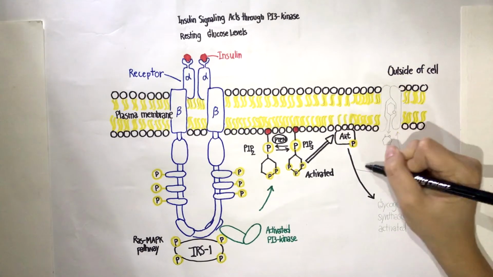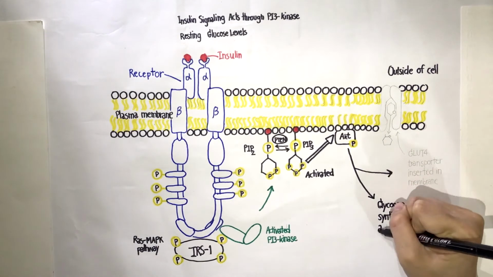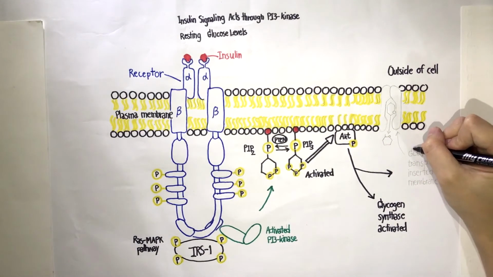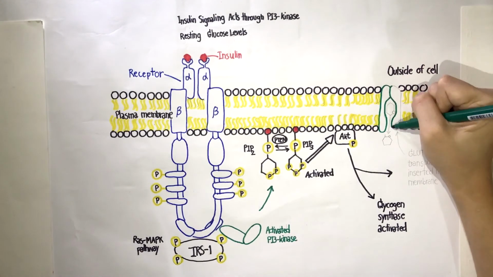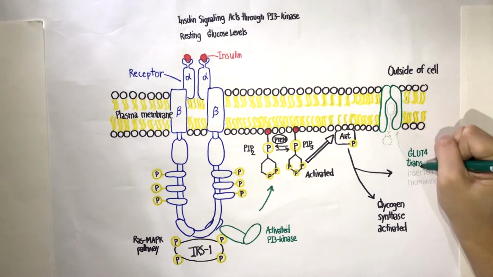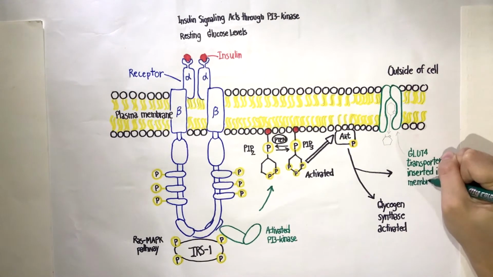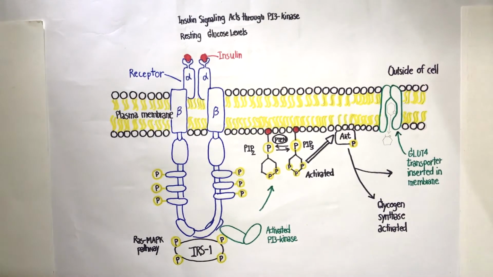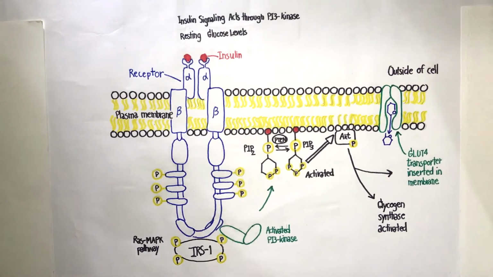PIP3 binds AKT protein, which is activated by other protein kinases. AKT catalyzes phosphorylation of target proteins, leading to an increase in glycogen synthesis activity and recruitment of the glucose transporter GLUT4 to the membrane.